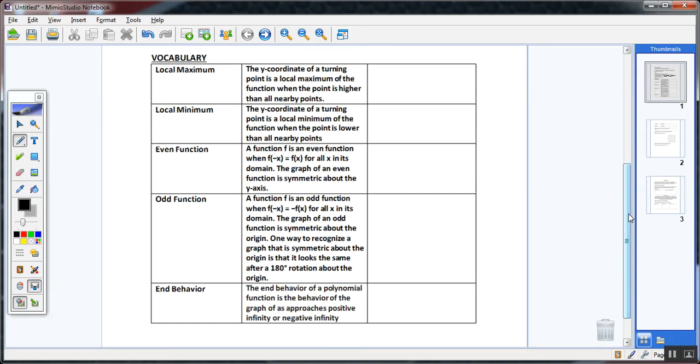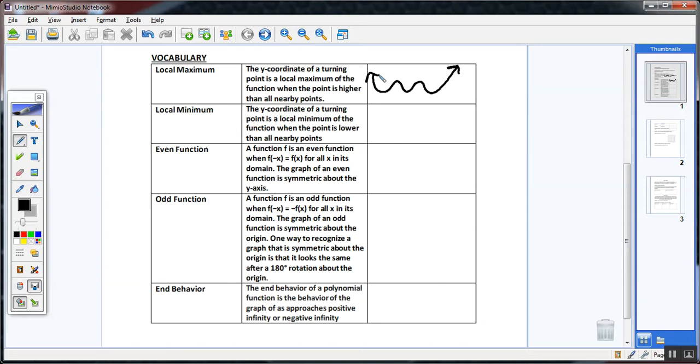All right, vocab. First of all, volunteer to read local maximum for me. The y-coordinate of a turning point is a local maximum of the function where the point is higher than all the nearby points. So if I had a graph that did this, a local maximum would be like the peaks or the tops of a roller coaster.